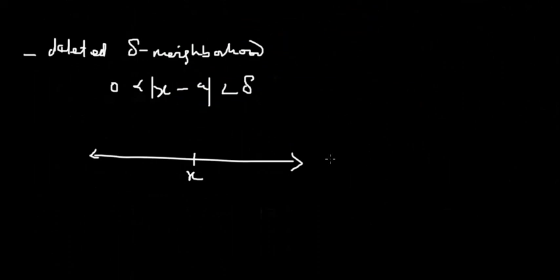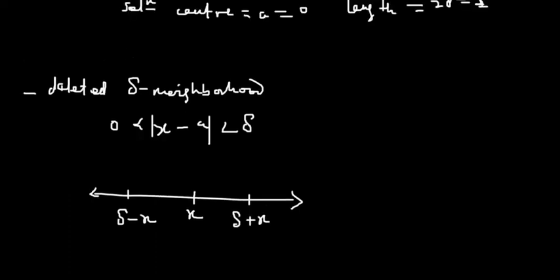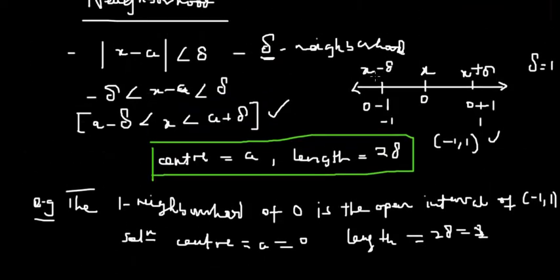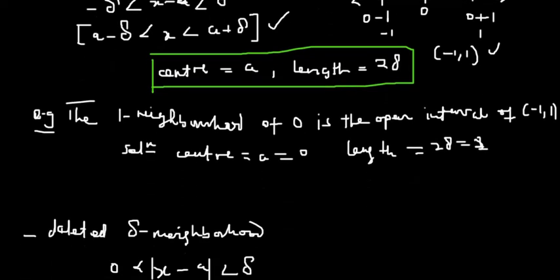Now for deleted delta, we just represent it this way, okay? So we have delta minus x, and then we have delta plus x. Note the difference, okay? Delta comes first, but for the delta neighborhood, the x came first. Note the difference, very important.